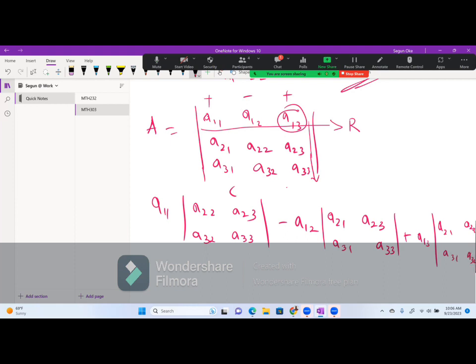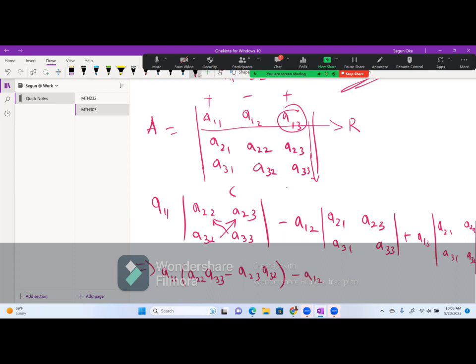And that's settled. At the end of the day, remember when you have 2 by 2, this multiplied by this minus this multiplied by this. So A11 will be this multiplied by this: A22, A33 minus A23, A32. That's settled.